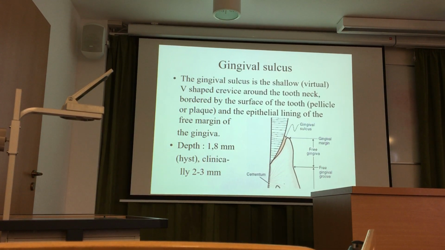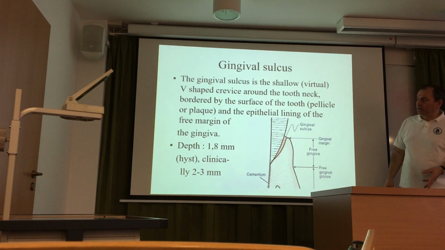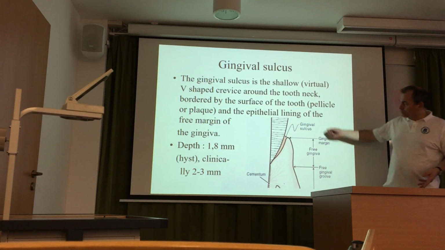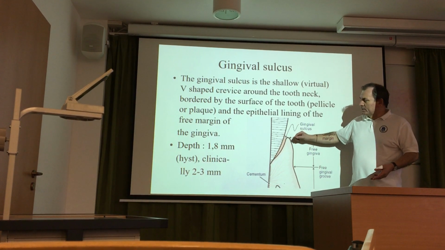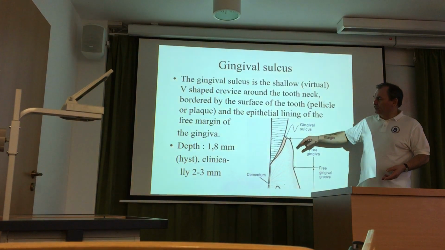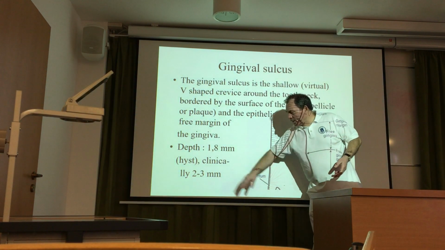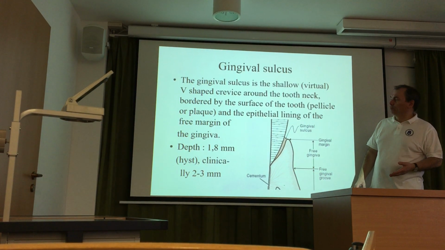As I mentioned, it is an indicator of gingival problems and periodontal problems. So we have a probe, of course, a periodontal probe. We have to insert it into the sulcus, and when the depth is higher than 3 millimeters, it could be clinically significant, and it could be pathological.